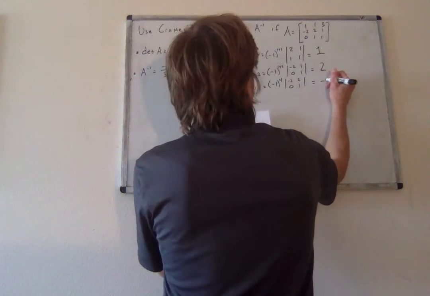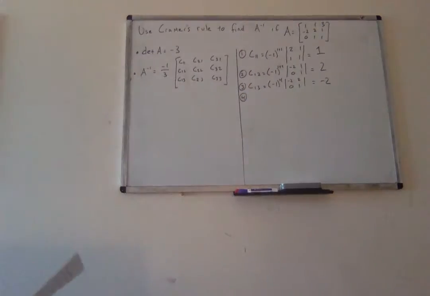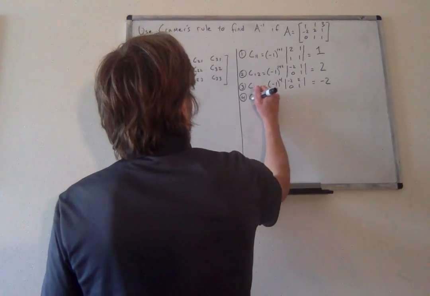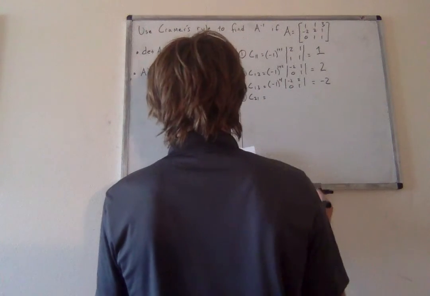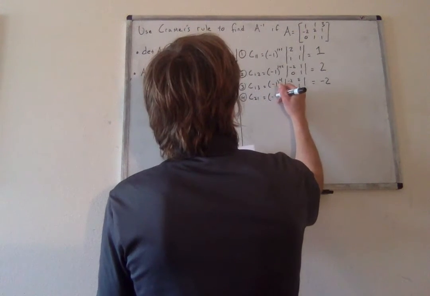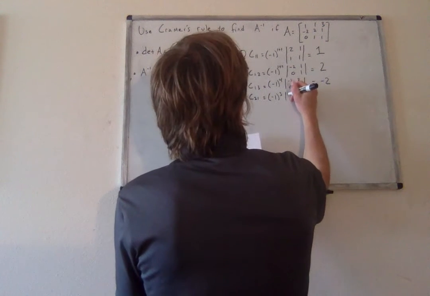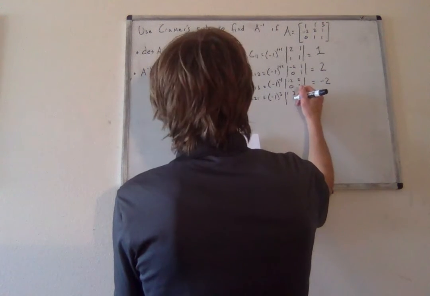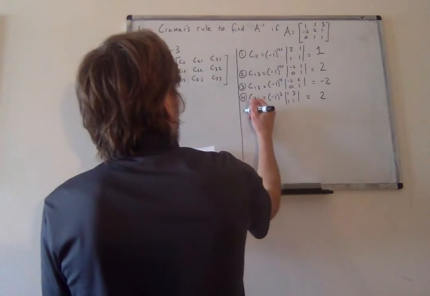And this is equal to negative 2, 4. C21 is equal to negative 1 cubed times the determinant of 1, 3, 1, 1, which is equal to 2.